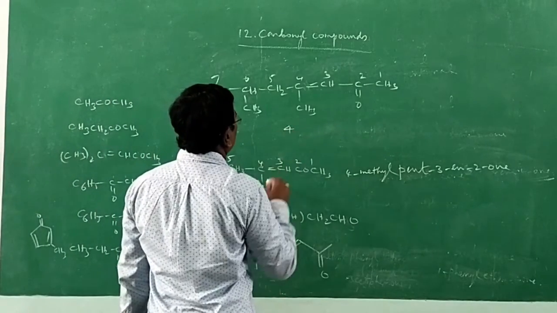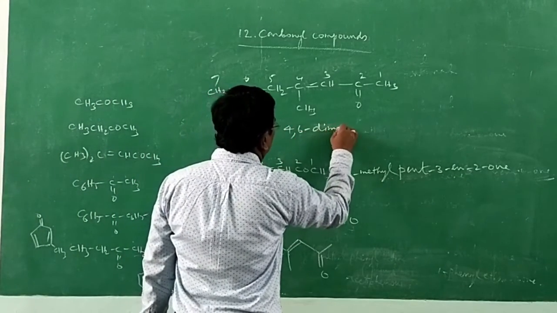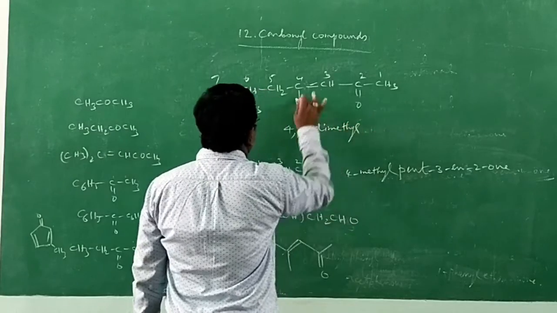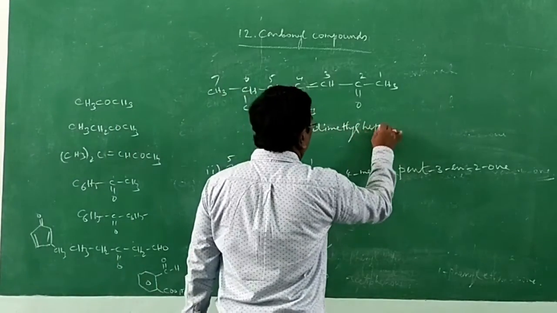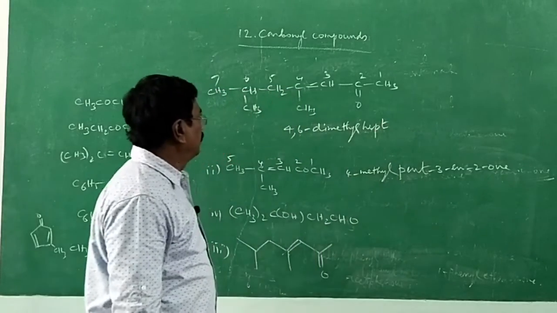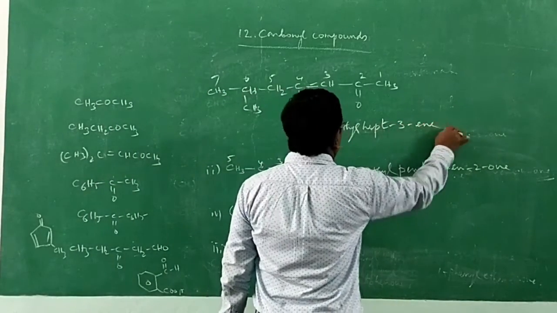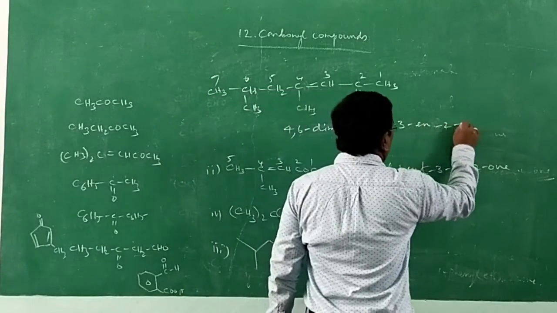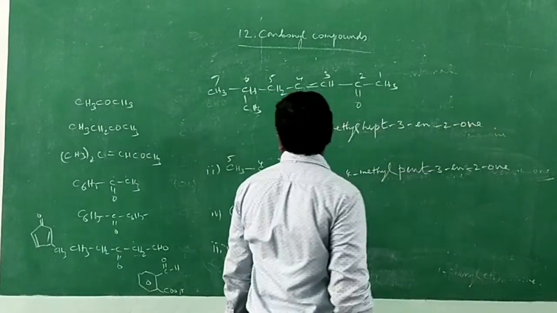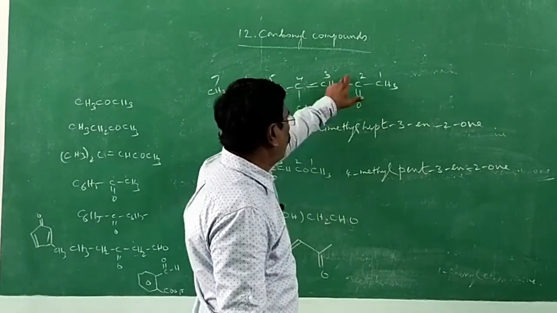Fourth carbon atom methyl, sixth carbon atom methyl, 4,6 dimethyl, not simply methyl, dimethyl. Hept, totally 7 carbon atoms, therefore hept. Third carbon atom ene, hept-3-ene. And at the second carbon atom we have one. So 4,6-dimethyl hept-3-en-2-one. That's all.